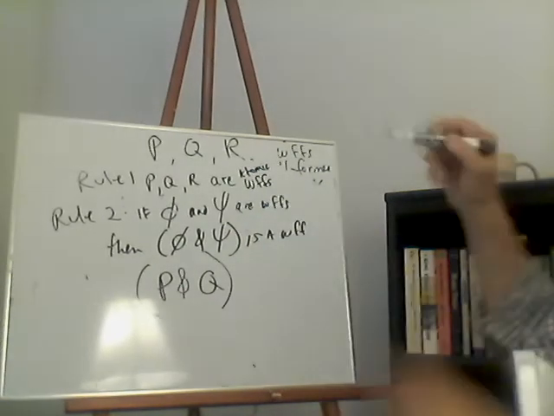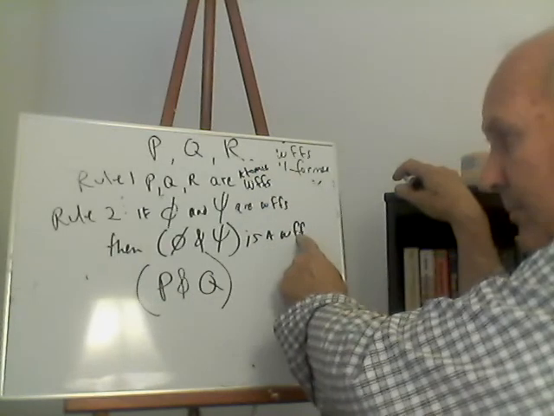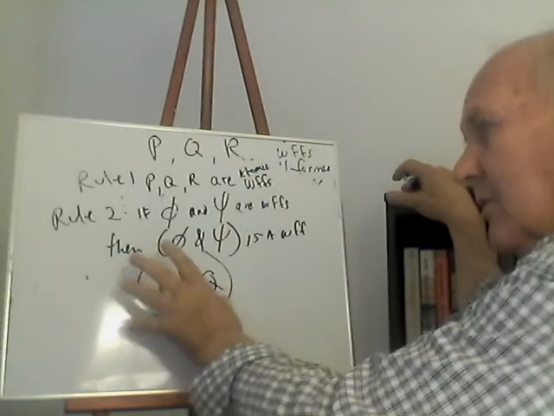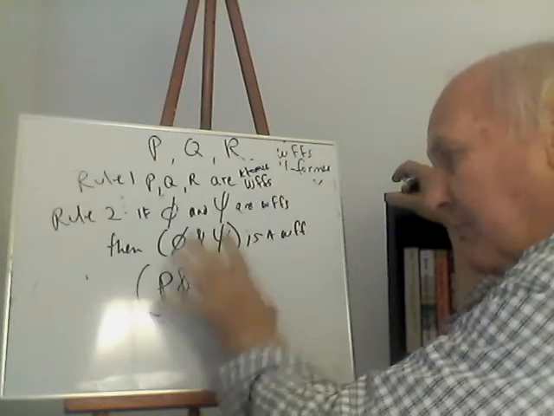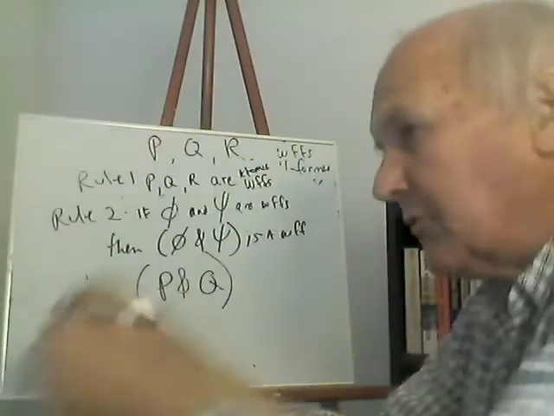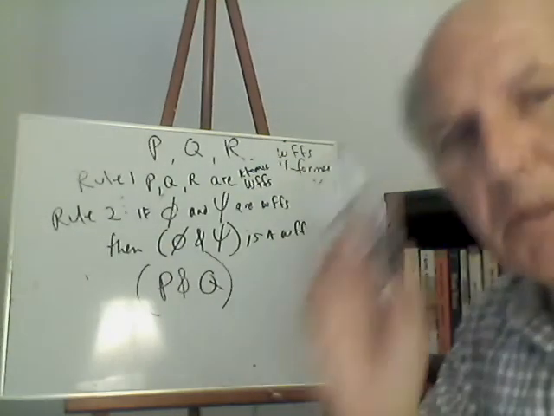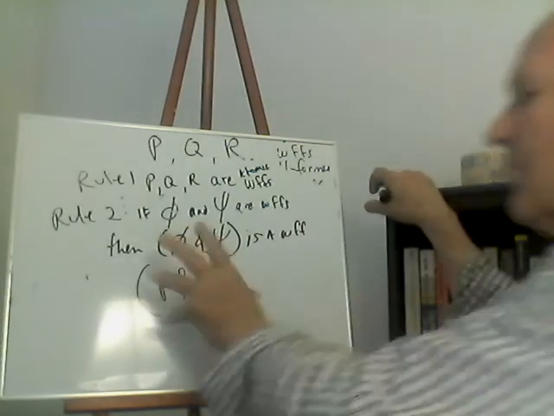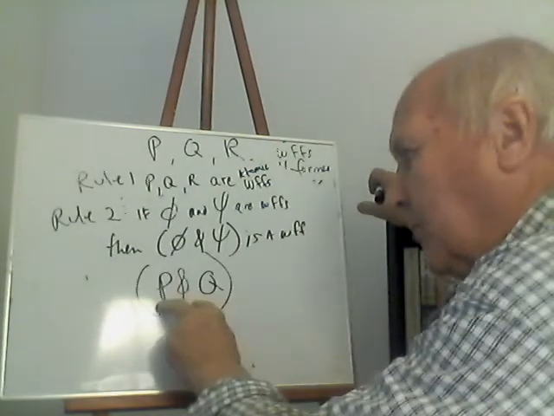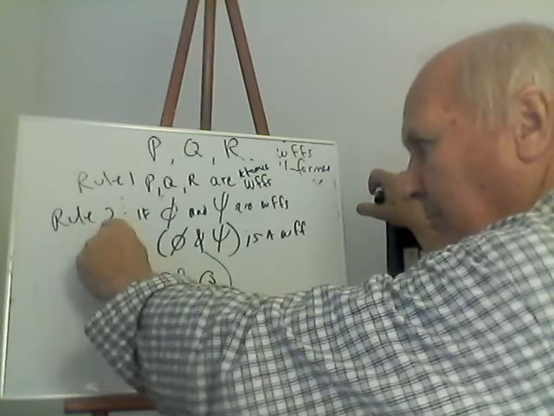And then you have a WFF. So this (P & Q) is a sentence. It's a well-formed formula in propositional logic, because we formed it by following rule 2.